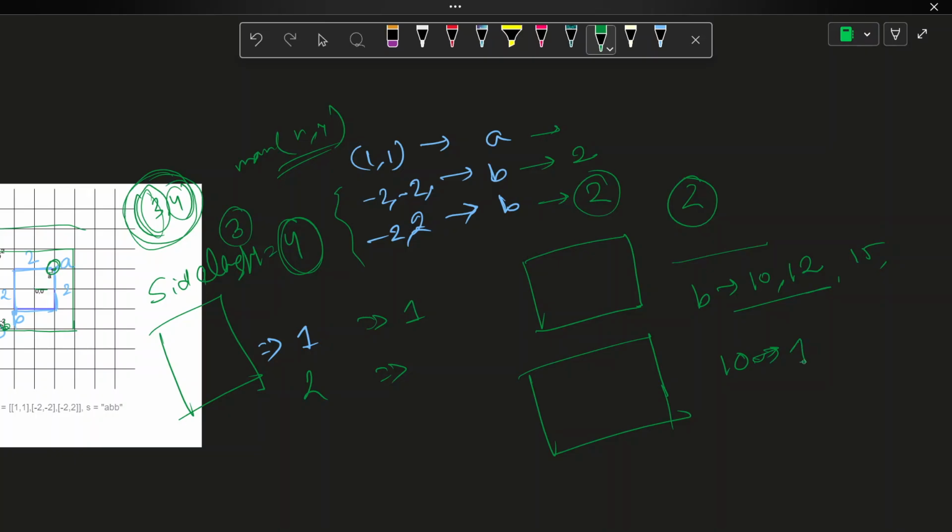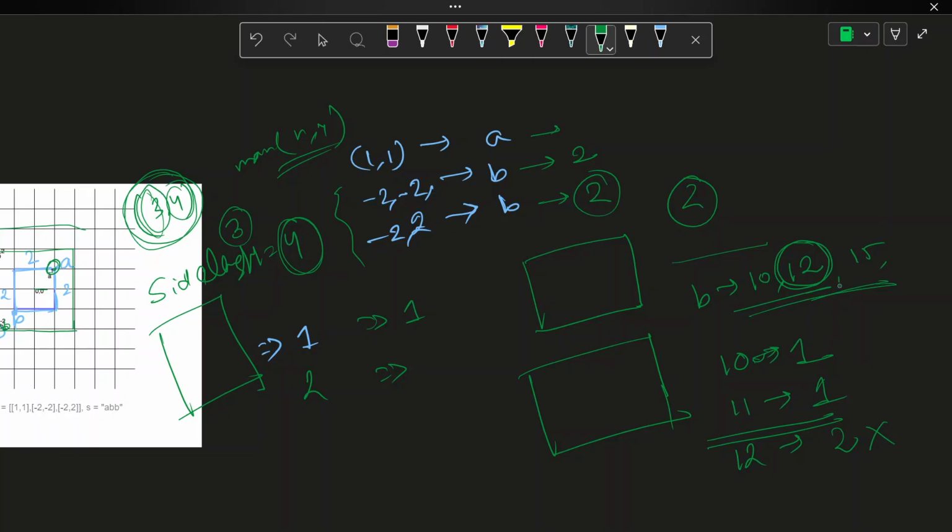If I take side length 11, then also only one b will be present, right? If I take 12 as the side length, then 2 b's will be present, so we can't take this. So the maximum side length will be the second minimum distance, or second minimum side length, minus 1, right?